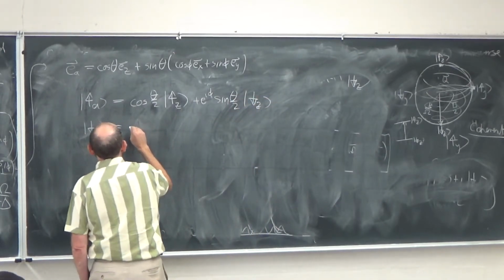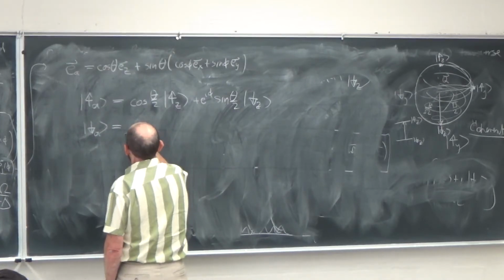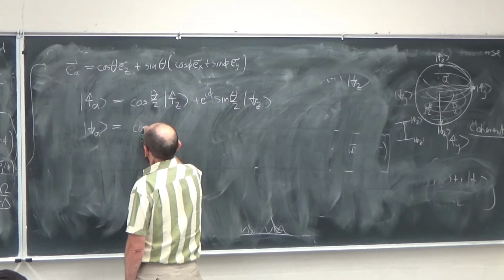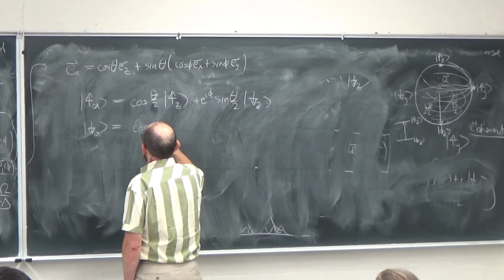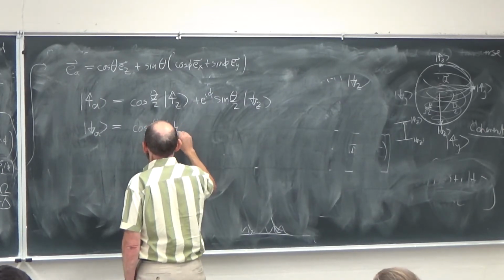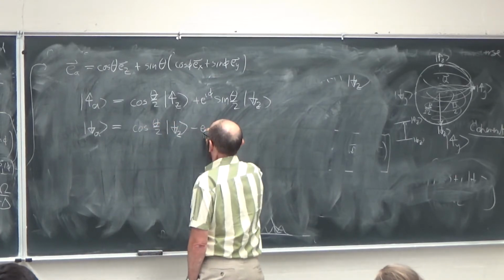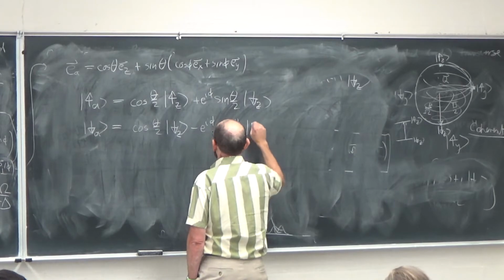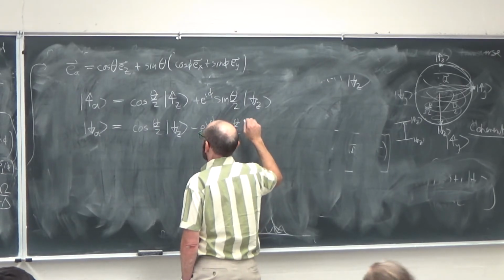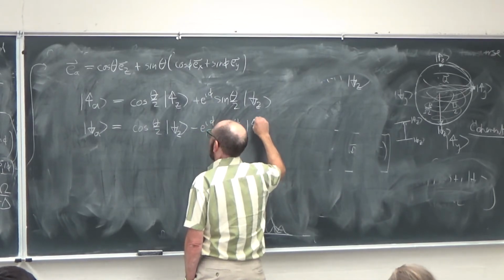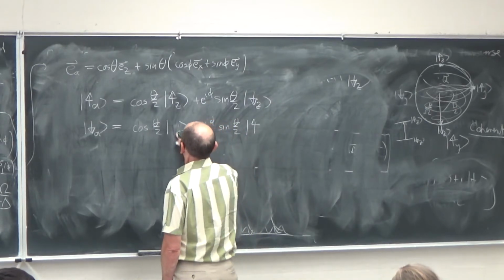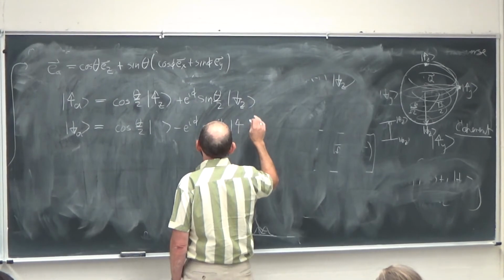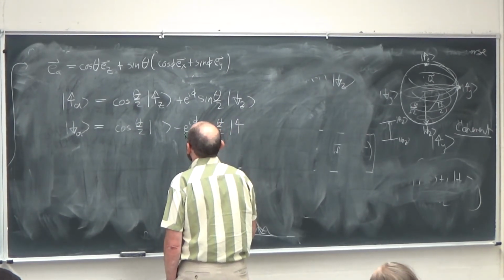And then what about this guy? Did I get this right? Let's see. No. This guy. I always get this one backwards. Let me think about this for a second.